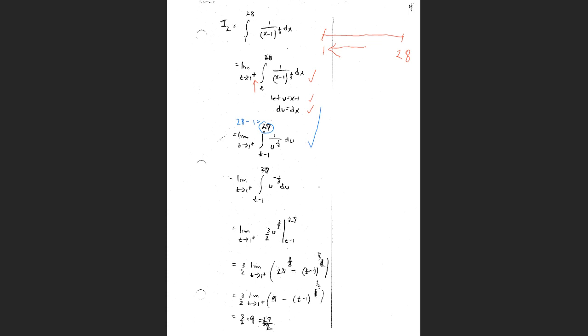Okay, so again, the entire process is basically the same. The antiderivative is the same, and t minus 1 to the 2/3 power here.